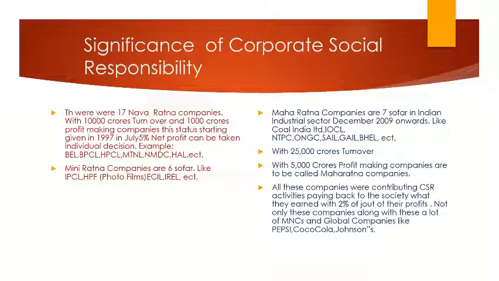Likewise, companies with a turnover of 25,000 crores and 5,000 crores profit are to be called Maharatna companies. These are the criteria for the Mini Ratna, Maharatna, and Navaratna companies.